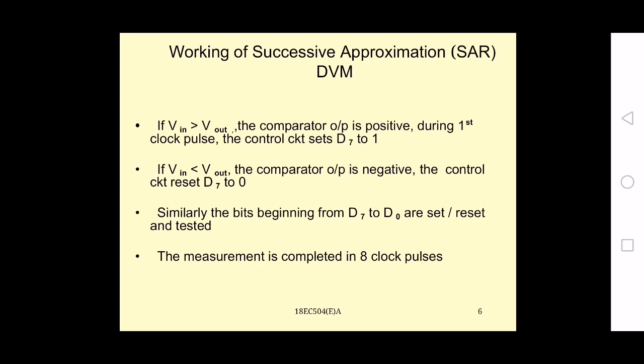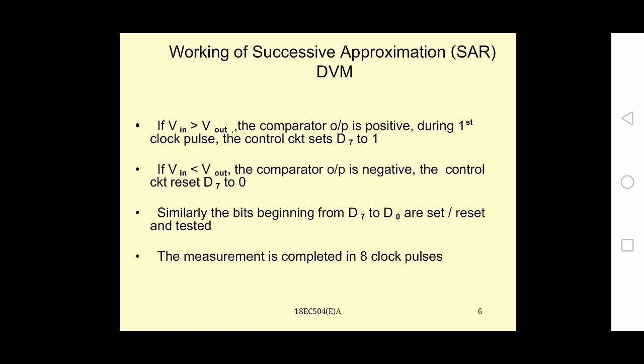That is, the control register will have this successive approximation register. The control register has 7 zeros, which is converted into the respective analog output voltage by the D to A converter.